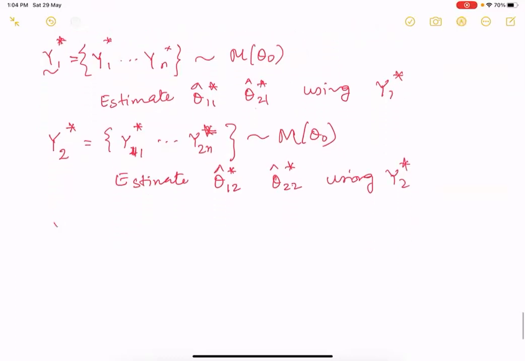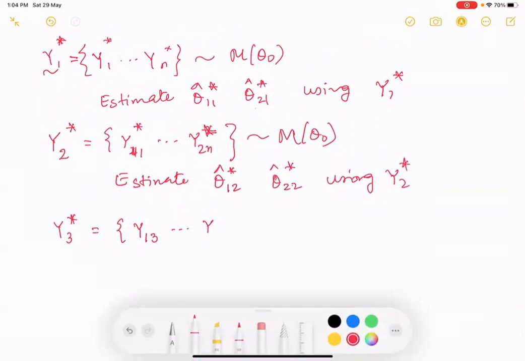Similarly, you draw y3 star equal to y1, y2, y3.